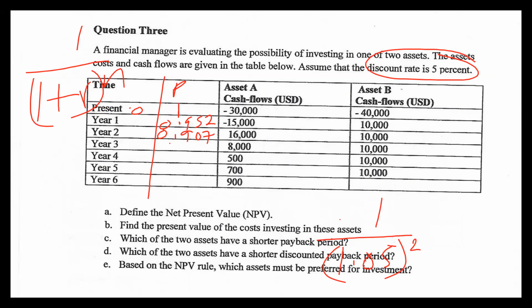And what do you get in the third year? 1 divided by 1.05 to the power 3.